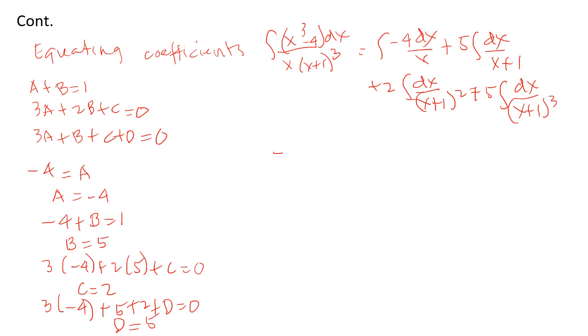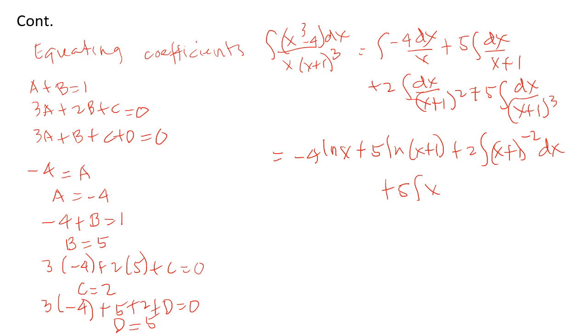Or simplifying further, that one is -4 ln x plus 5 ln (x + 1) plus 2 integral of (x + 1)^-2 dx, then plus 5 integral of (x + 1)^-3 dx.